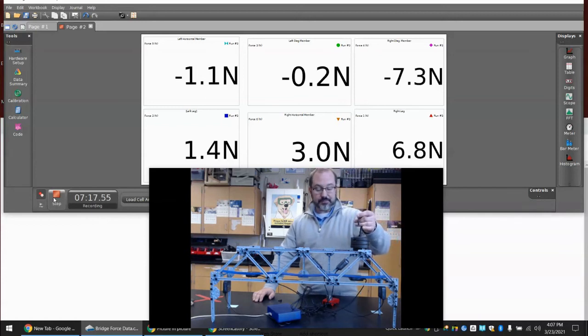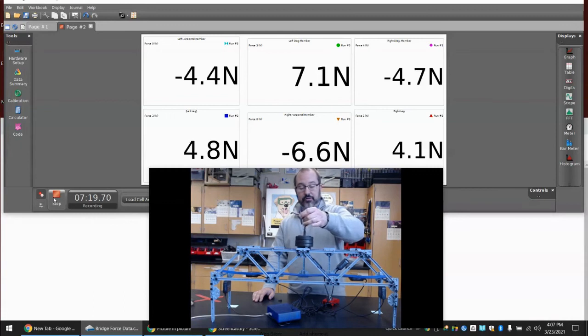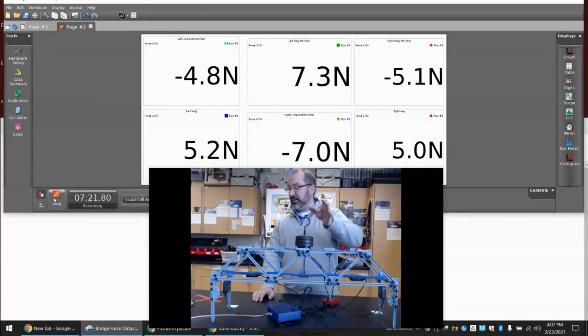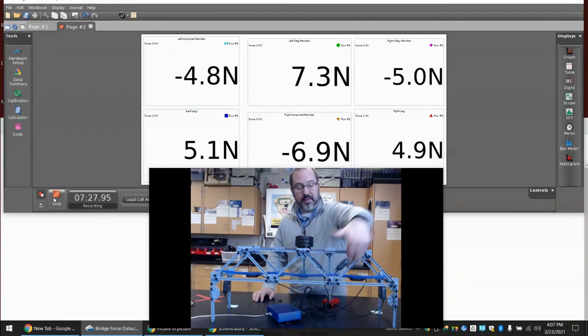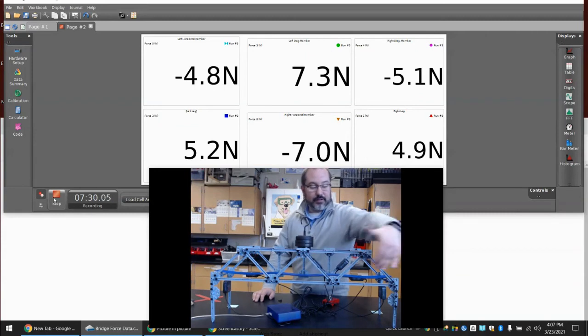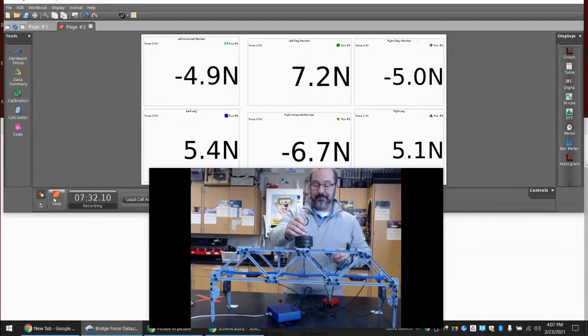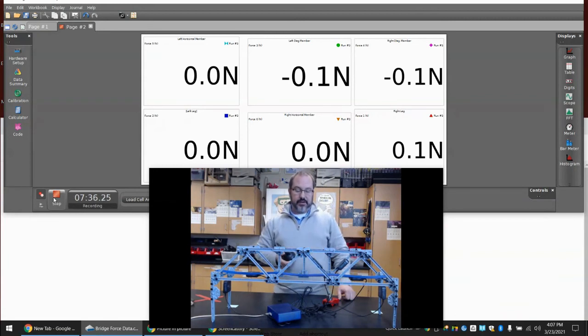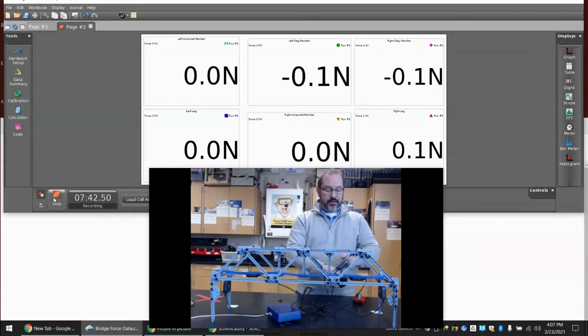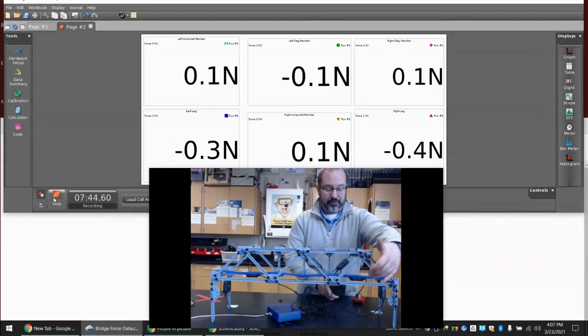But we're going to see a majority of the force staying inside this portion of the triangle located here. Well, when I come back over to the center, we now see that there is a force right down this member and then back up because we're trying to get the forces out to the outside. One of the things that we can also take a look at here is how these members act when we hang the weight over on this outer member.